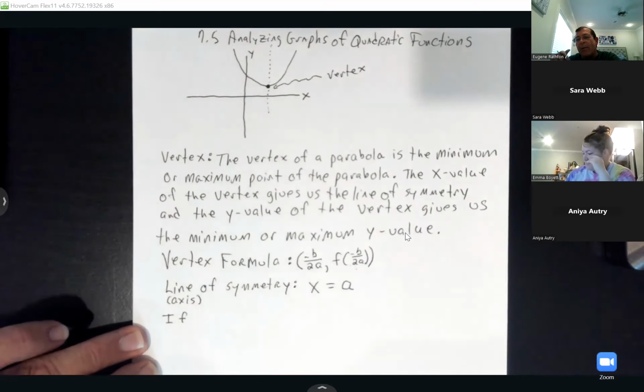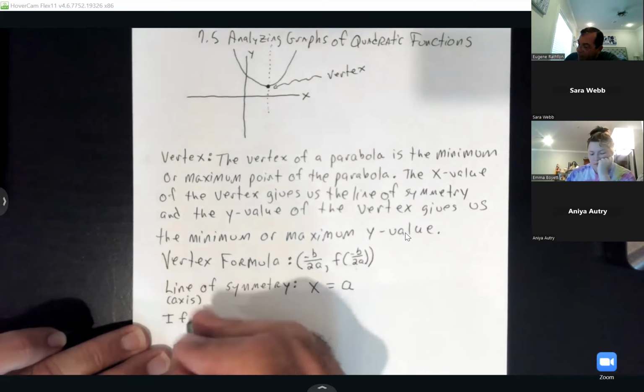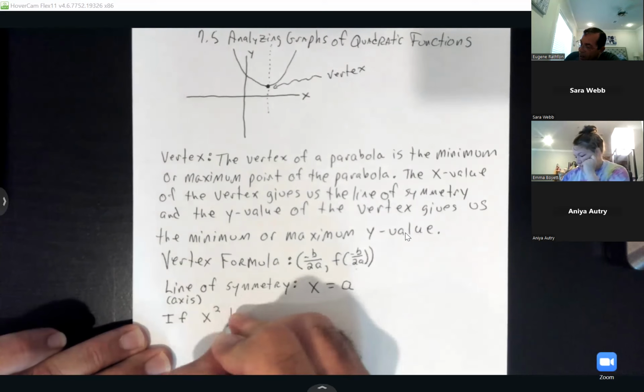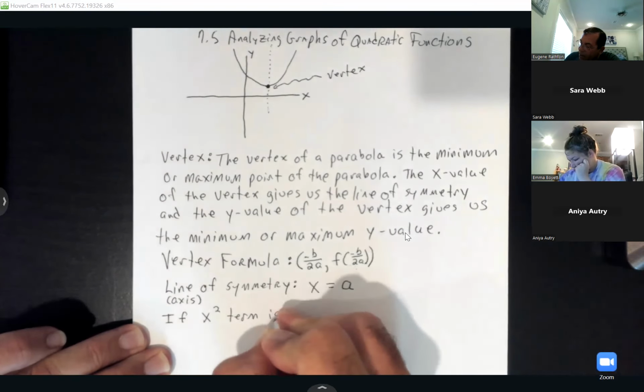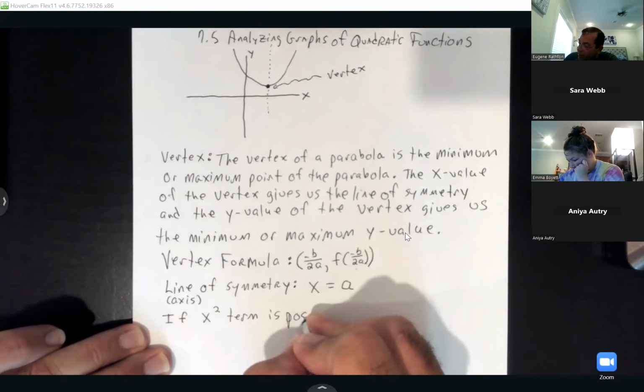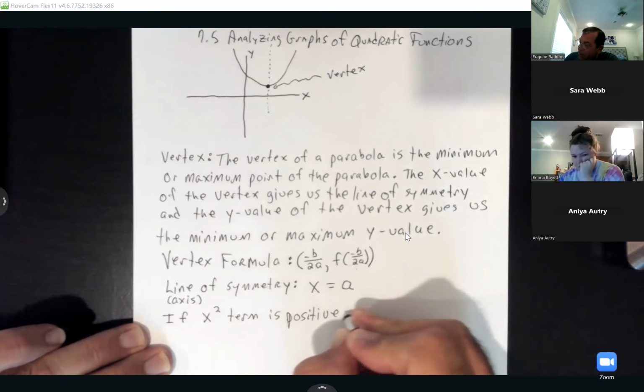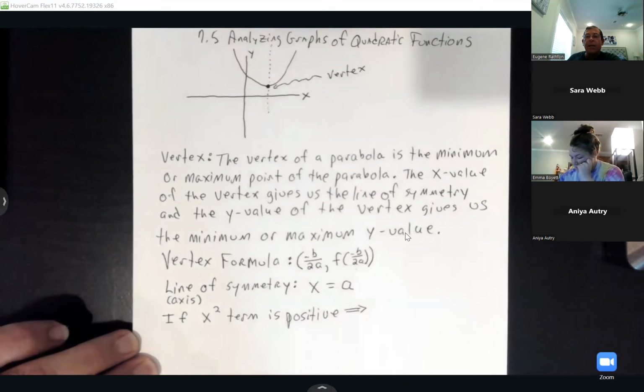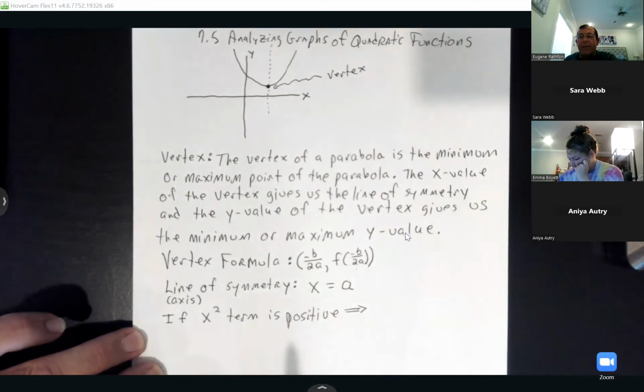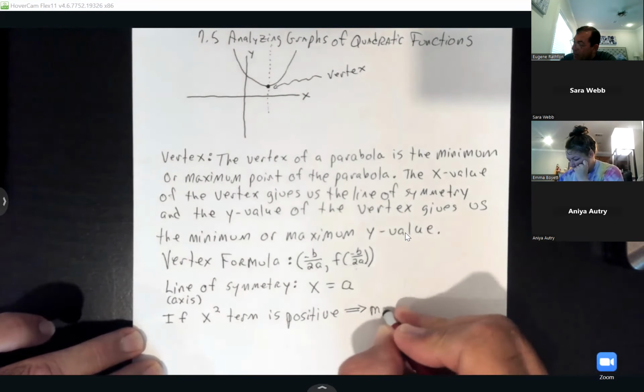Also, a few things that tell me whether I got a minimum or maximum. If the x squared term is positive, then your graph will have a minimum value.